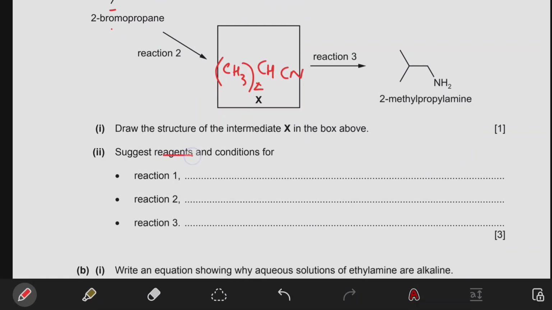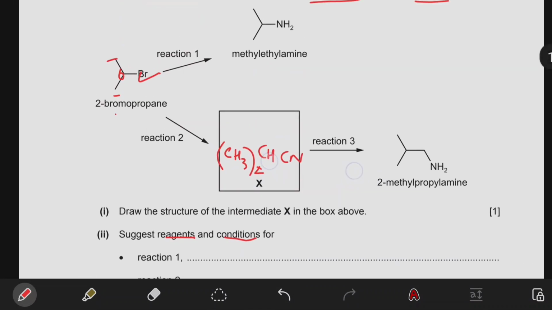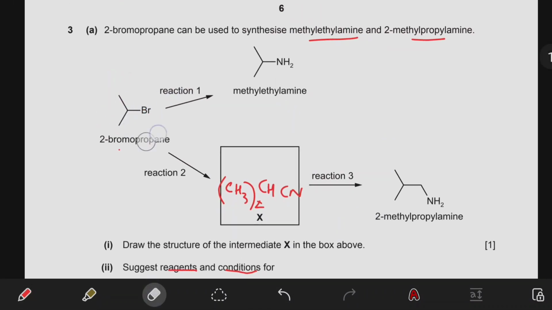Let's go to part 2. Suggest reagents and conditions for reaction 1. This is whole AS level stuff. What is happening is that it is a reaction with ethanolic ammonia, which is done under high pressure, and heat is also required.